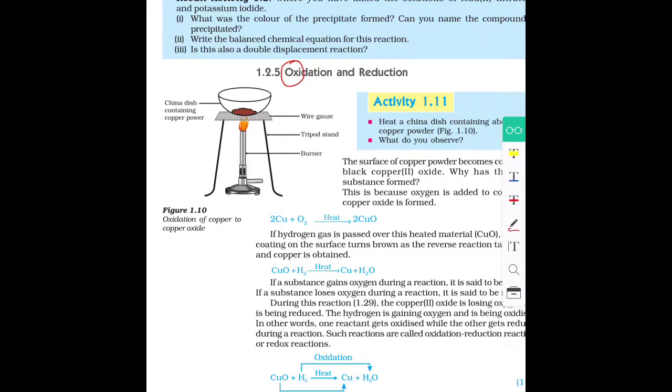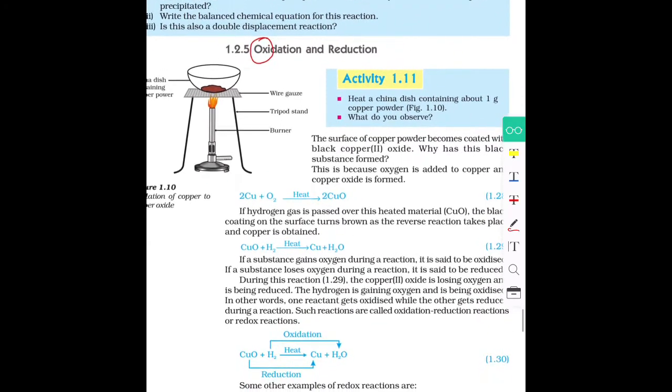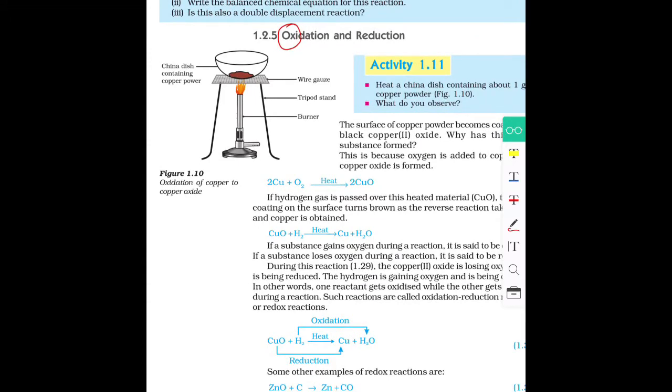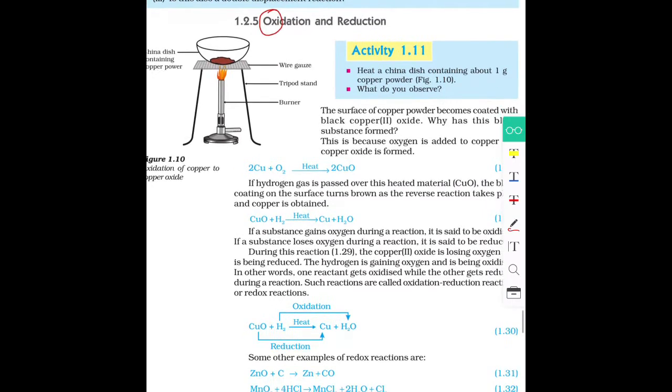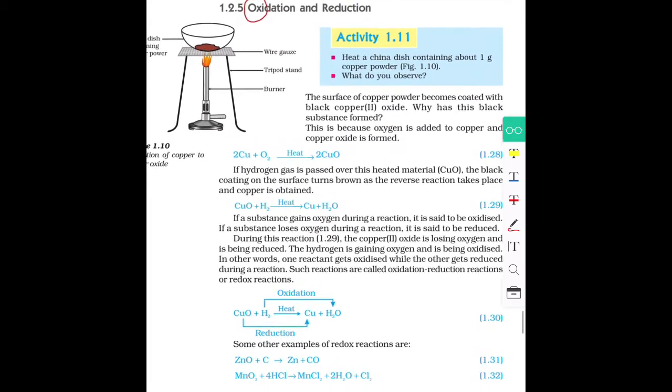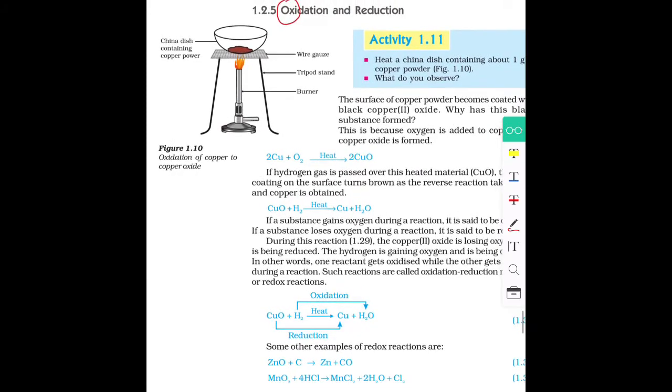Take a china dish containing about 1 gram of copper powder, that is Cu powder. What do you observe? The surface of the copper powder becomes coated with black copper oxide. Why has this black substance formed? This is because oxygen is added to copper and copper oxide is formed.